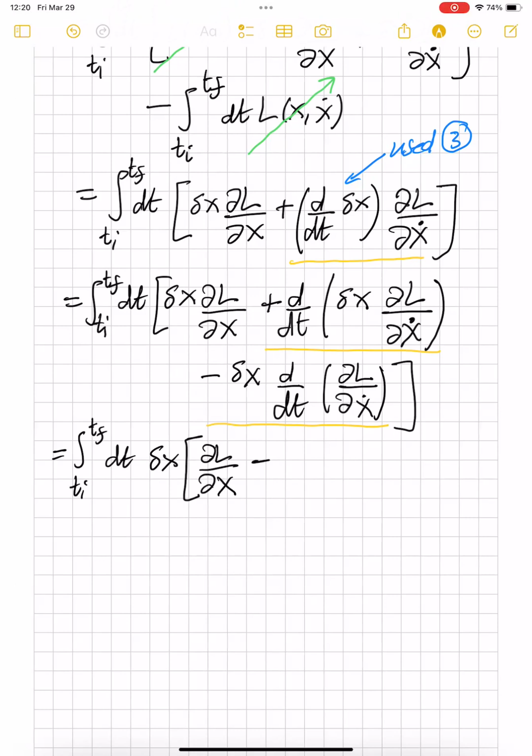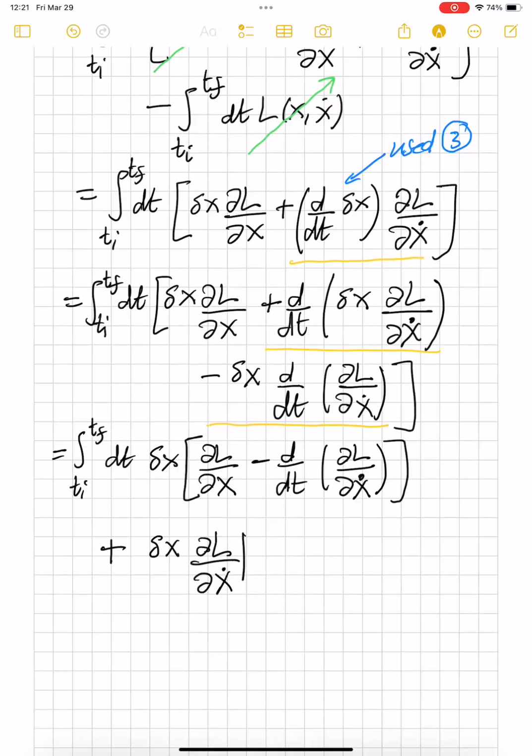And the last term is delta x times minus d by dt of dL/dx dot. So that's the first and the third term. And then I need to add this term that's a total derivative, but I can immediately integrate that total derivative. So this is delta x times dL/dx dot. And I need to evaluate it at Tf minus the same thing evaluated at Ti.